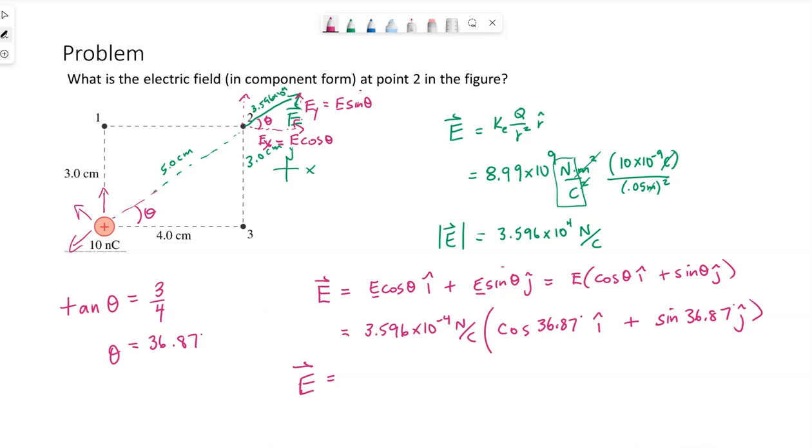So that times the cosine: 2.9 times 10 to the 4th i hat, plus 2.2 times 10 to the 4th j hat.